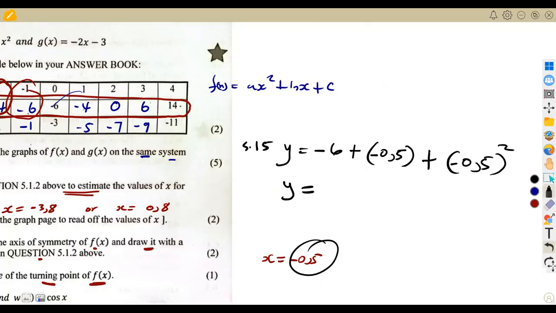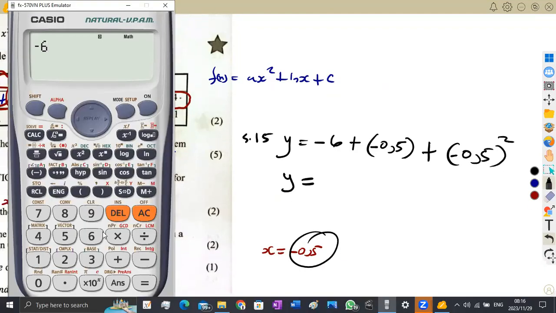Let's see on our calculator what we're going to have, but in this case we're supposed to have something like negative 25/4. That's negative 6 plus negative 0.5 plus, open the bracket, negative 0.5 squared, like this.